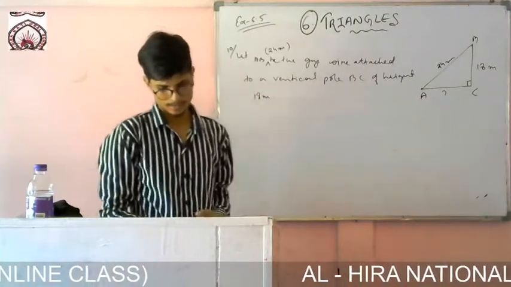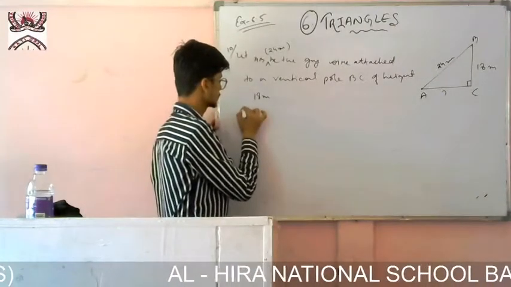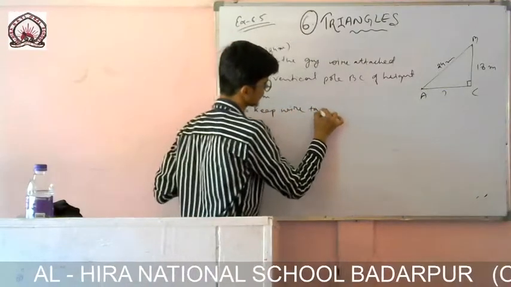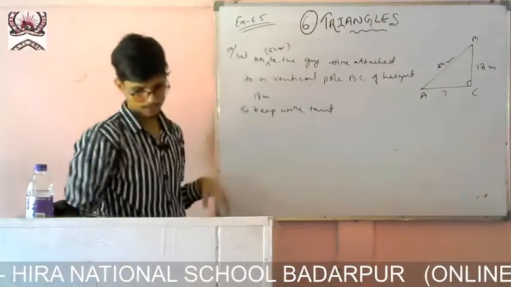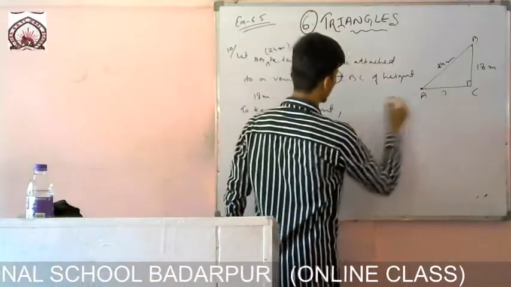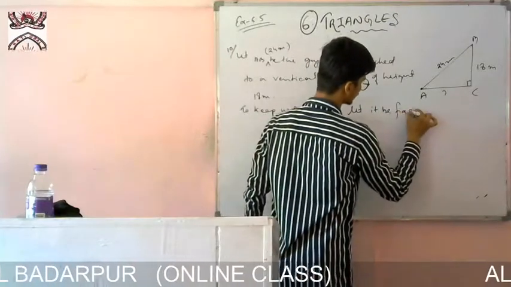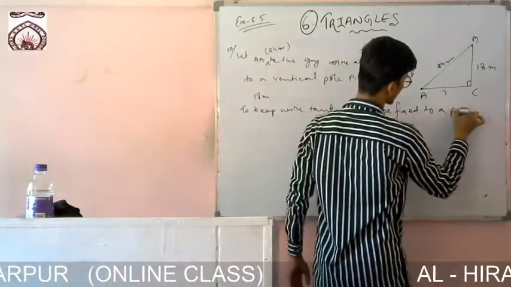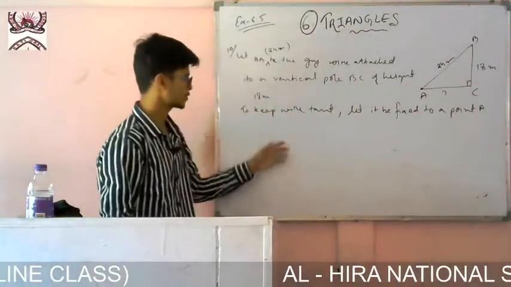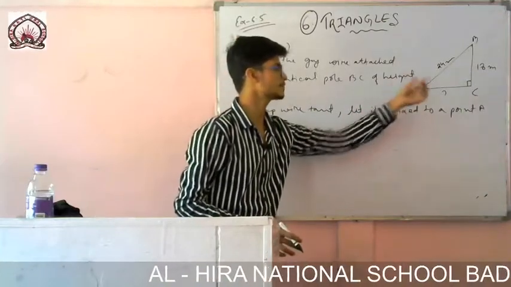So it is like this, and to keep the wire taut, let it be fixed to a stake at A. You cannot write directly by drawing the figure, because you have to write what you have written and what this letter actually means.